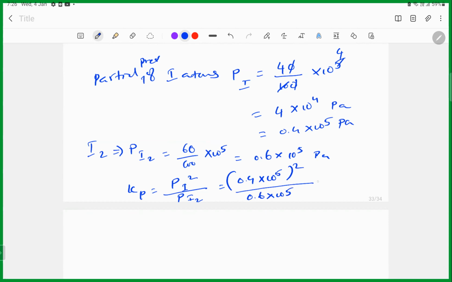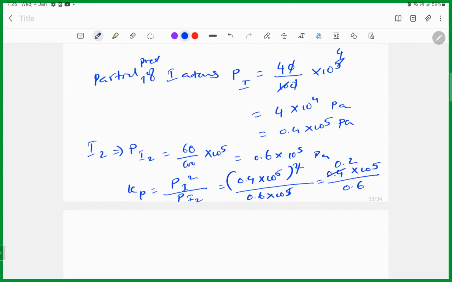So 10 power 5 cancels out one power, and it becomes 0.4 into 10 power 5 divided by 0.6. So how can you write when you are dividing? What will be the answer?